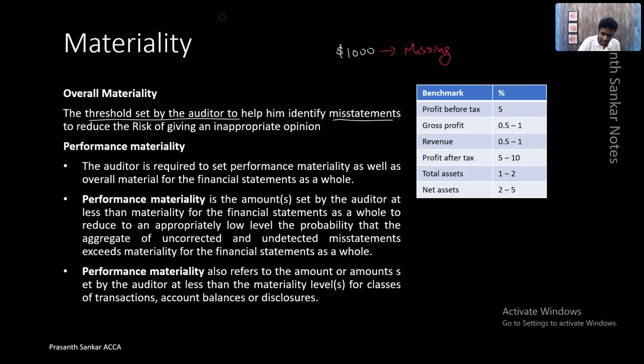Now let us say the same $1,000. Look at this list of transactions. Any transaction above $1,000, you put in one basket. Any transaction less than $1,000, you put in another basket. Will it be easier for you to categorize a transaction? Of course, yes.